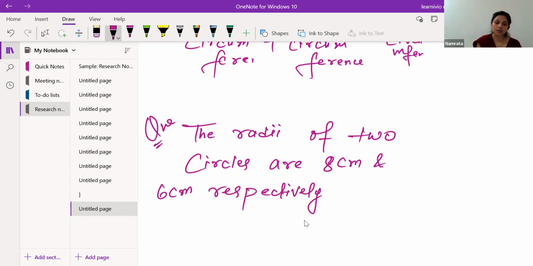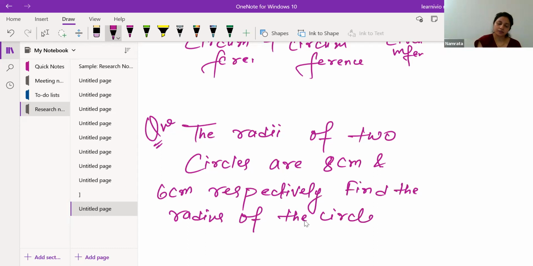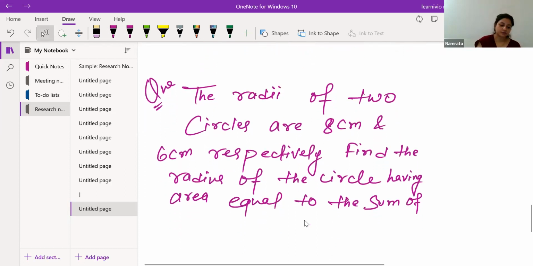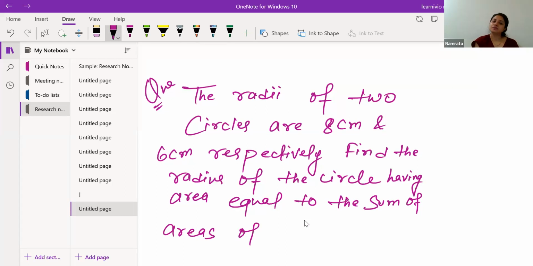Find the radius of the circle having area equal to the sum of the areas of the two circles. Again, I believe it's the same kind of question, right?